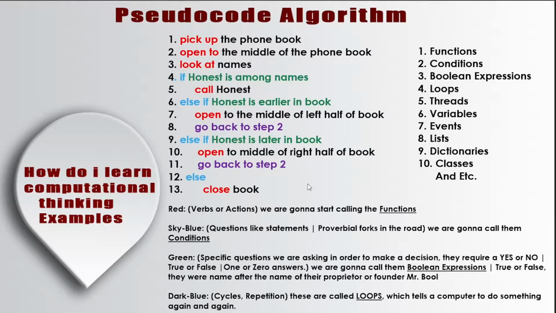We are going to begin to call them loops. They tell a computer to do something again and again, forever, or until there is a condition like else, which stops it. So nothing can stop a loop until there is a condition to stop it.